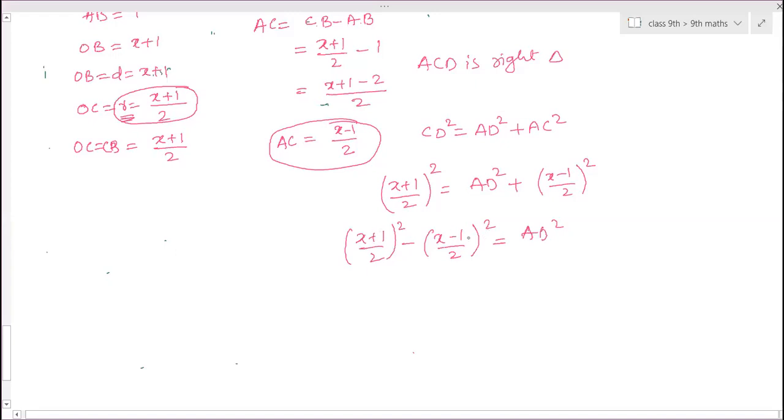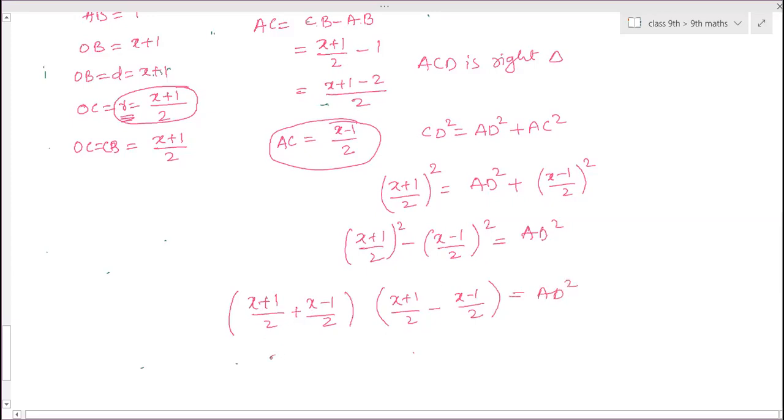This is in the form of a square minus b square. You can open the bracket and solve, or do it simply by a plus b into a minus b. So what is a plus b? x plus 1 by 2 plus x minus 1 by 2, times x plus 1 by 2 minus x minus 1 by 2, is equal to AD square.